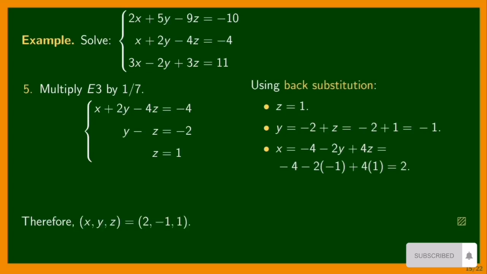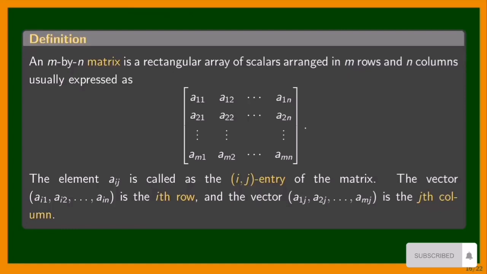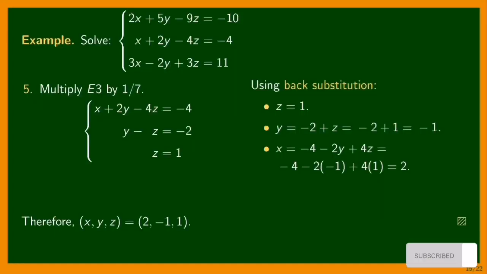Therefore, the vector xyz is equal to the vector with components 2, negative 1, 1. This means x is 2, y is negative 1, and z is 1. As you can see, when we try to solve linear systems, what really matters are the coefficients of x, y, and z, or the unknowns, right?